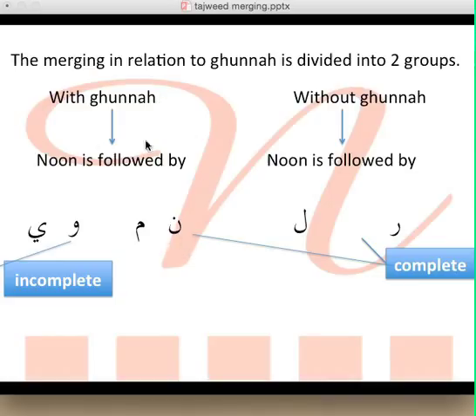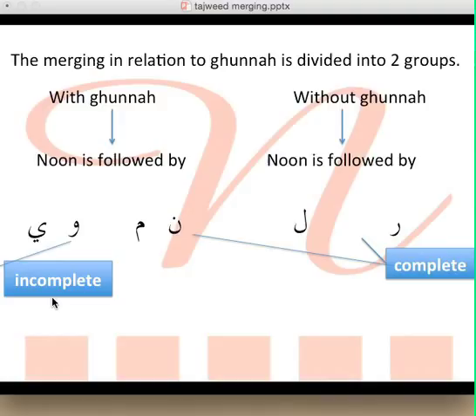Here with ghunna, we've got also two groups: noon and mim, and waw and ya. All of them with ghunna, but some of them complete, some of them incomplete. Waw and ya is incomplete idgham, meaning the noon goes, but the characteristic of the noon stays, which is the ghunna.